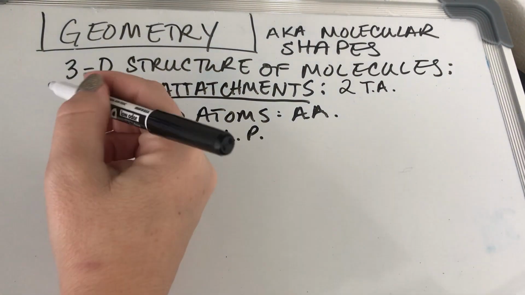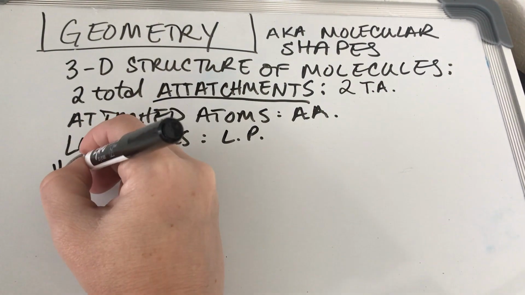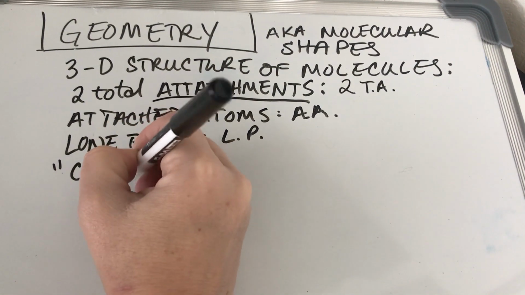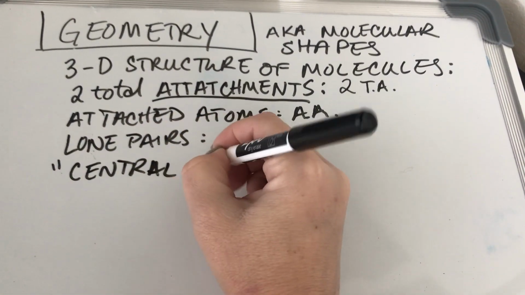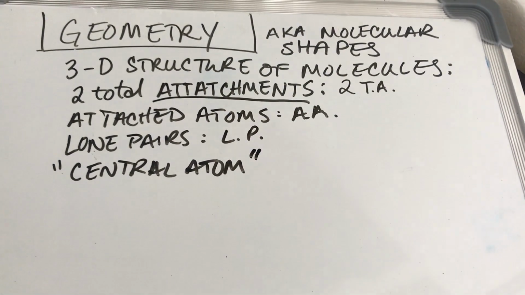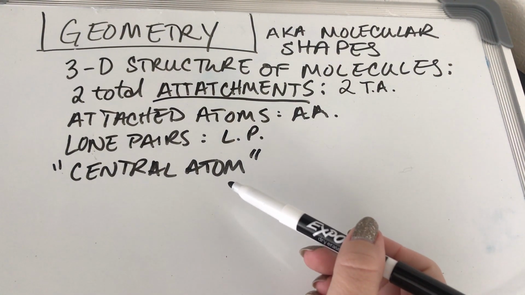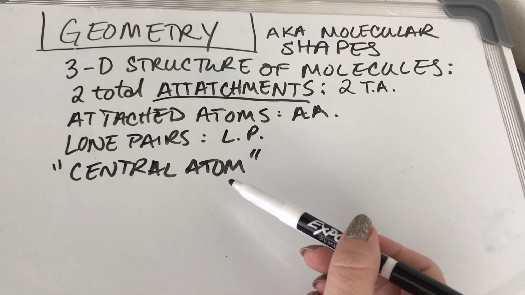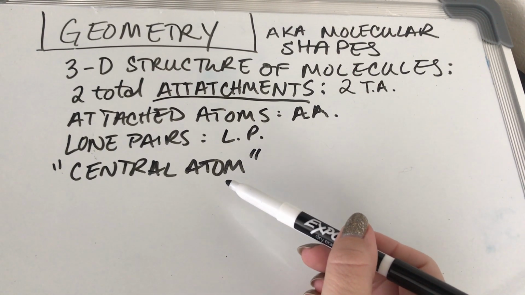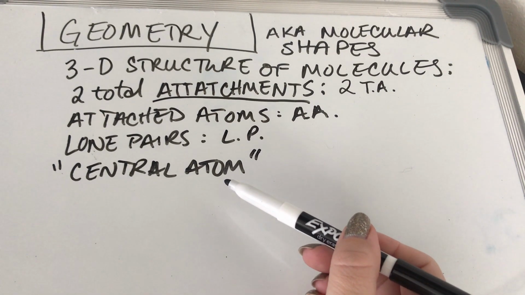Whenever we're talking about geometry, we usually are referring to the, quote, central atom in the molecule. Now, most of the molecules that we've been drawing in the homework have one central atom, right? But if you look ahead to the lab for the next week, there are some large organic molecules where the idea of a central atom kind of falls apart because you have so many atoms stuck together.